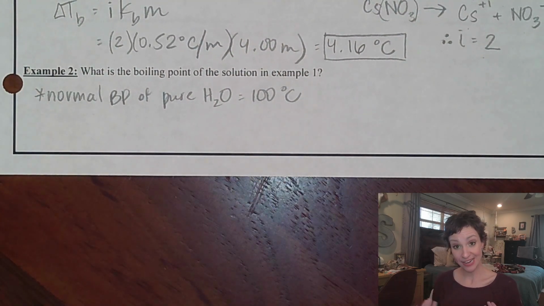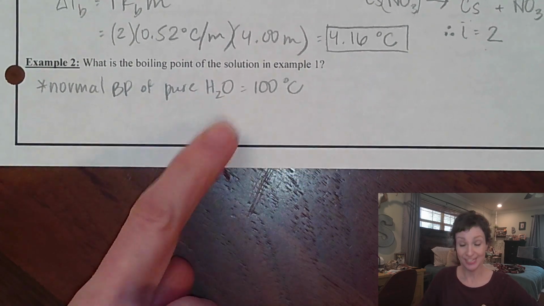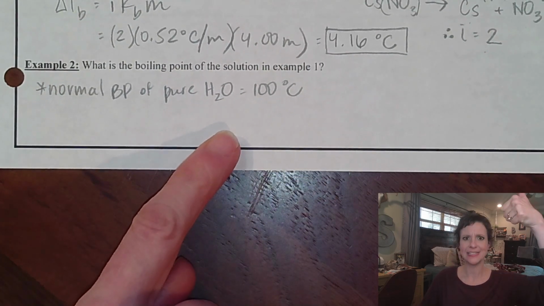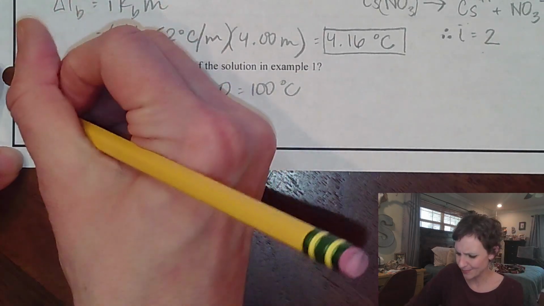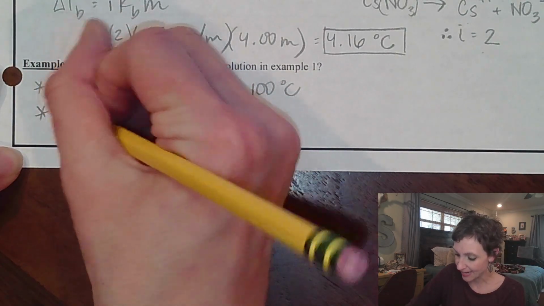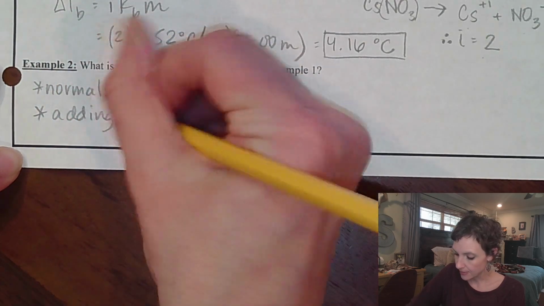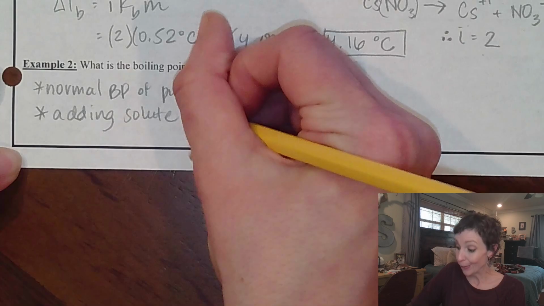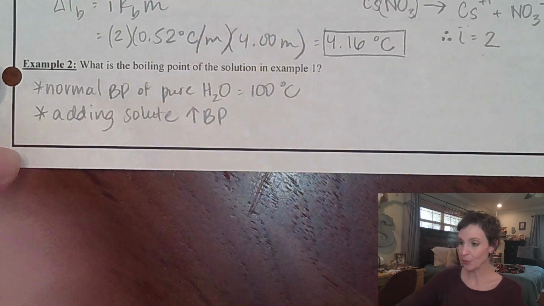And the trend here, or the colligative property, is boiling point elevation, meaning if I put solute into a solvent, we raise the boiling point, okay? So something of note is that adding solute raises the boiling point.